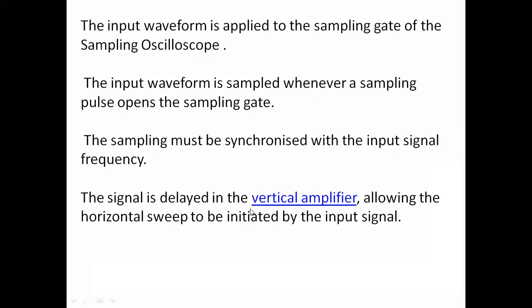The signal is delayed by the vertical amplifier, allowing the horizontal sweep to be initiated by the input signal. The signal which is applied to the vertical amplifier should be delayed before it is applied to the vertical deflection plates, because some time will be taken for the horizontal sweep voltage to initiate from the input signal.